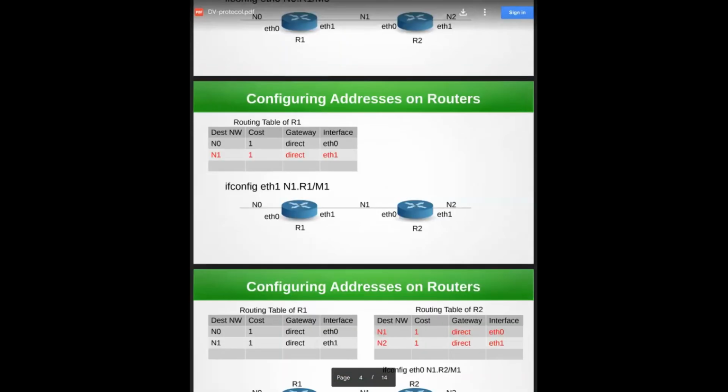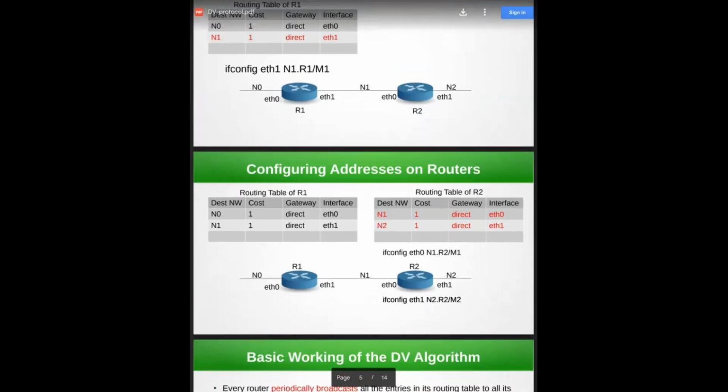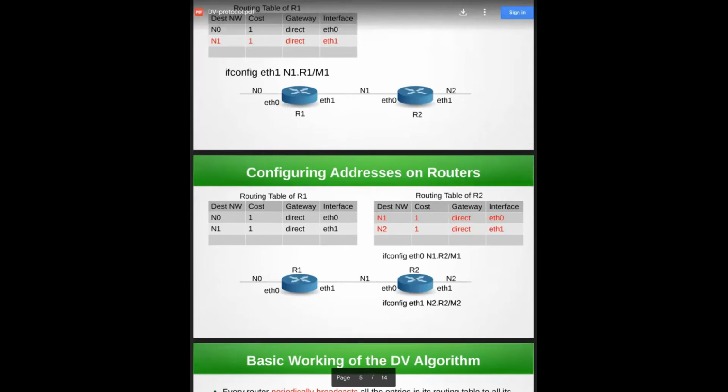Then when we configure the router R2, its entries are populated in the routing table of R2. At this point, both routers have entries for directly connected networks. R1 is knowledgeable about N0 and N1. R2 is knowledgeable about N1 and N2, but R2 is not knowledgeable about N0 and R1 doesn't know anything about N2.